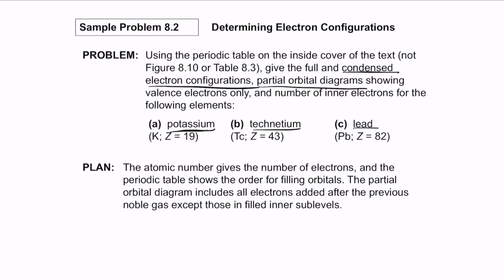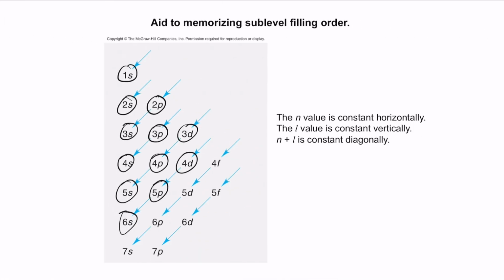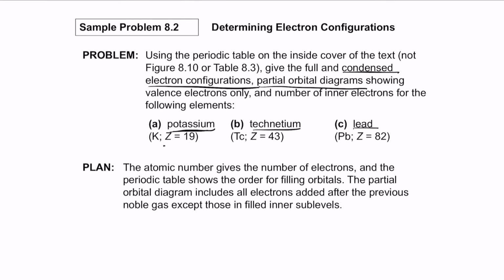So let's start with potassium. Potassium has a Z of 19. The closest element for potassium, if you look at the periodic table, is argon. It comes right after argon. So we can write argon 4s1.